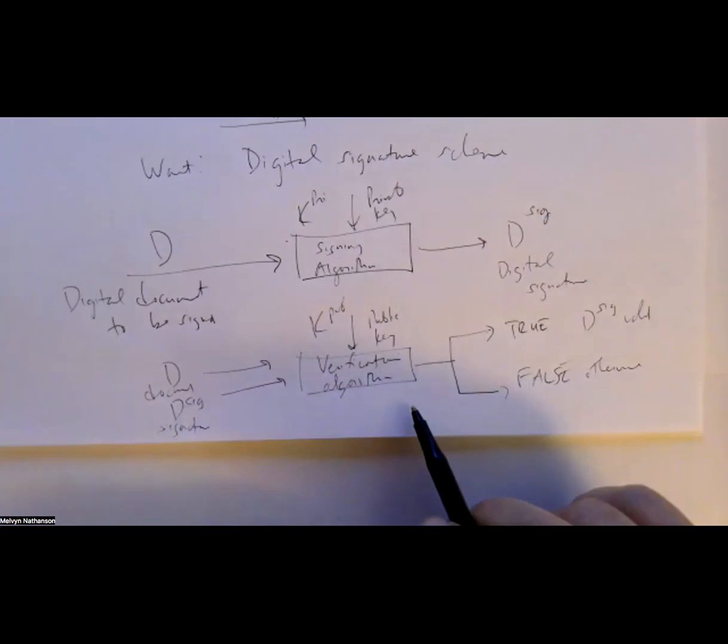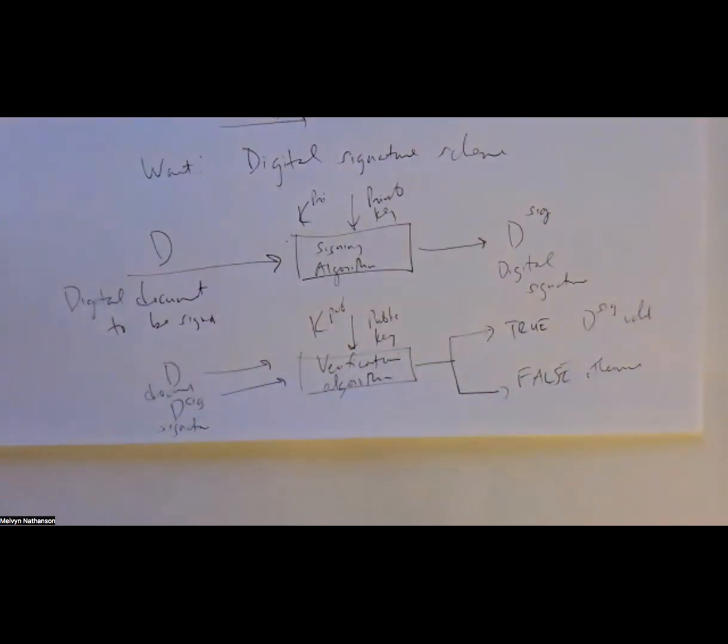So your verification algorithm has to be able to tell you whether or not it really has come from you, whether it's your signature on there and not someone else's who forged the signature. Okay. So we're no longer sending a secret document that we don't want someone else to intercept. The document is public, but we want people to know that it's authentic.